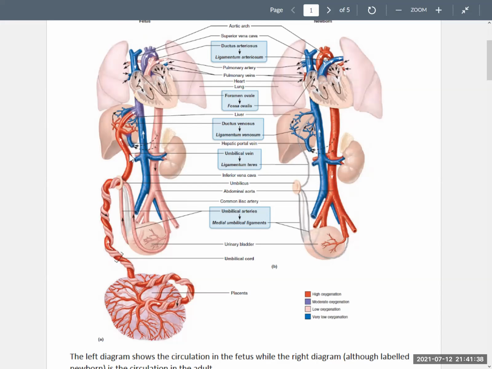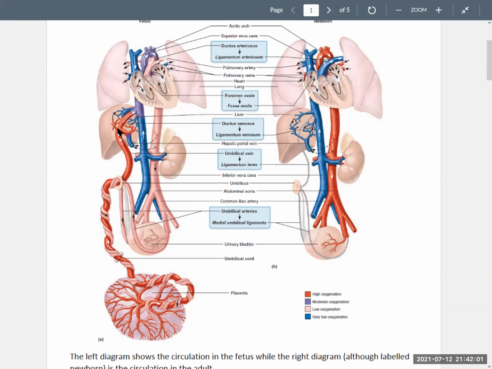Okay. Now, as it goes through the liver, it doesn't get processed by the liver the way an adult blood stream gets processed. It actually does get to all parts of the liver because the liver itself has to have nutrients and blood that's oxygenated.